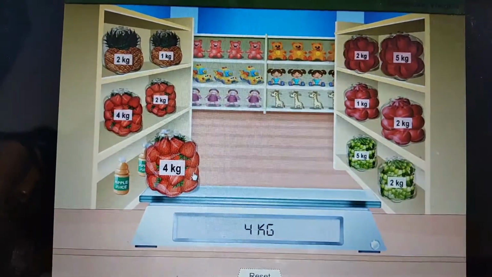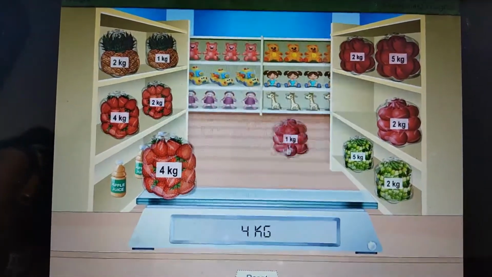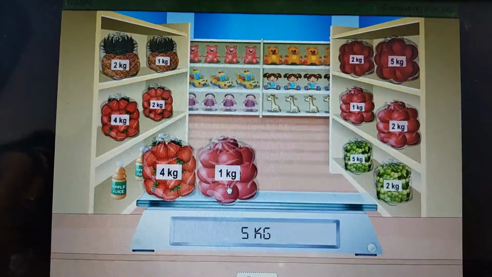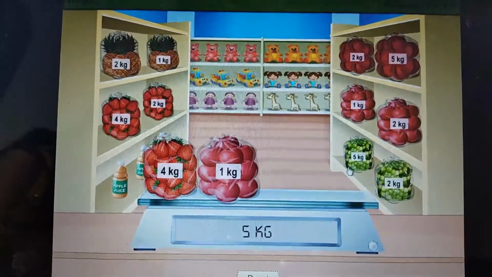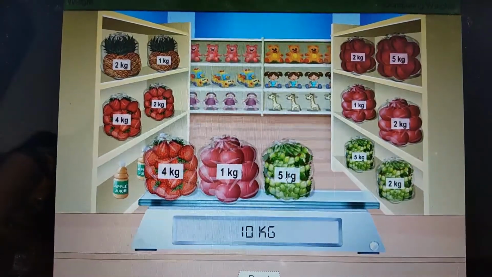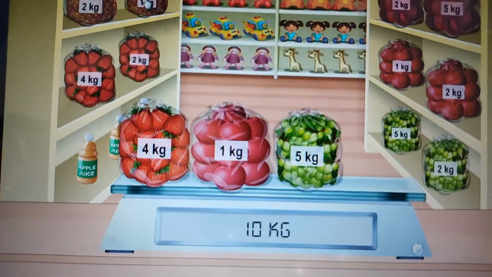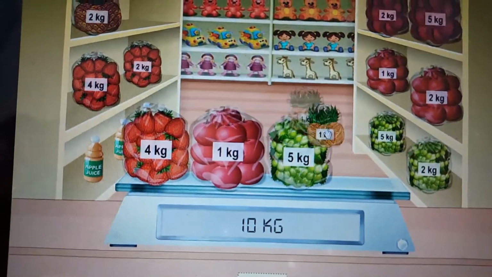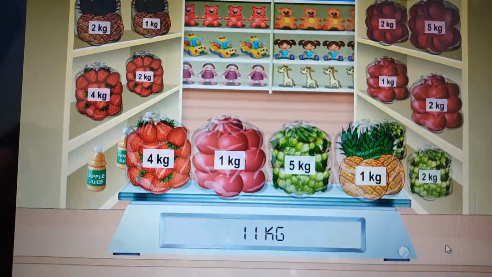See, the weight of strawberry bag is 4 kg. Now, the weight is 5 kg. Now, the weight is 10 kg. Now, it is 11 kg.